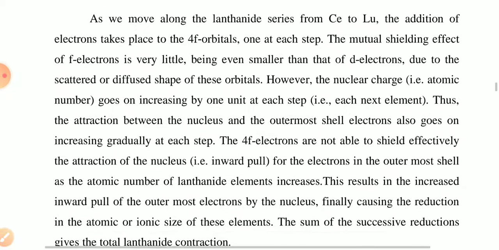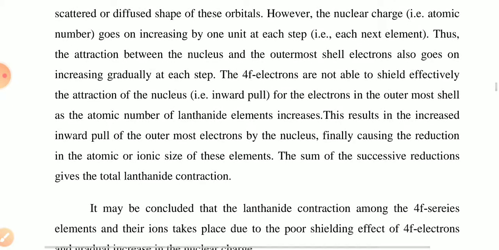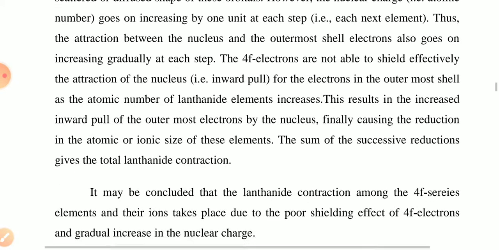So for the electrons in the outermost shell, as the atomic number of the lanthanide elements increases, this results in an increased inward pulling of the outermost electrons by the nucleus, finally causing a reduction in the atomic or ionic size of these elements. The sum of the successive reductions gives the total lanthanide contraction.